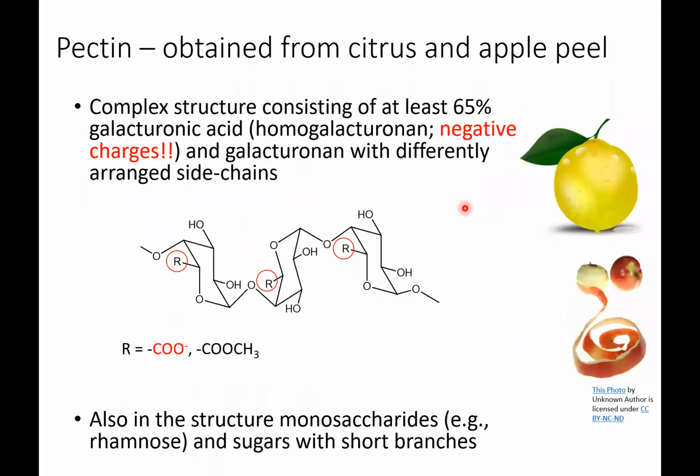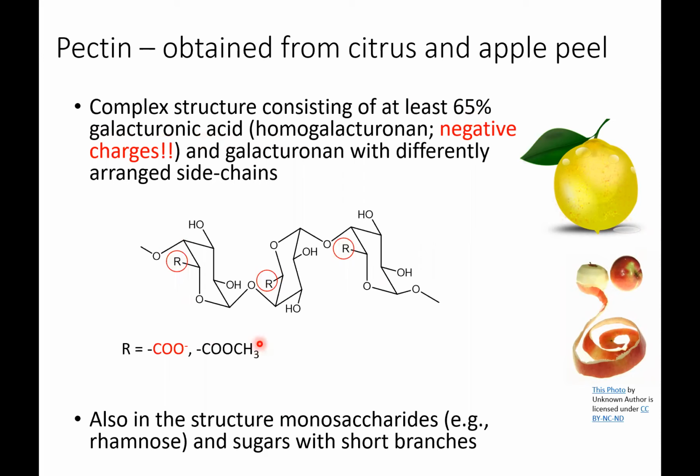Now, pectin is more interesting for food, but it's highly complicated. It has about 65% galacturonic acid as a repeat unit. It has negative charges. Not all of these R groups are replaced with an acid group.